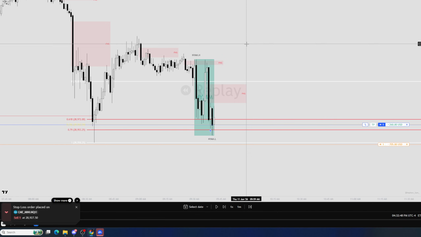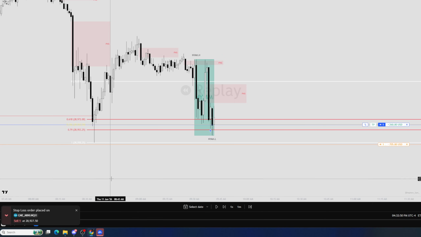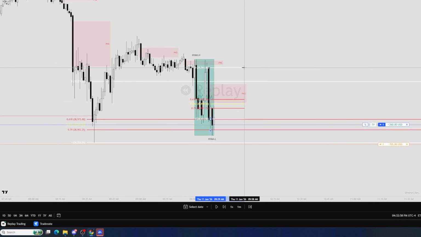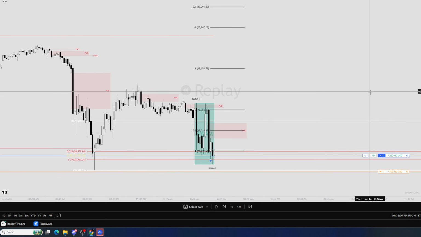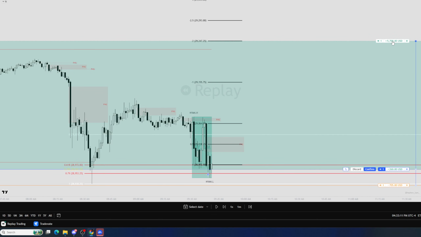All right, we're in. So this is how I would set up my take profit on this strategy. The leg that got me in will be this bullish leg right here. Then I put it up to this top leg. This is my range. I'll probably target the 1 here, or maybe the 2.